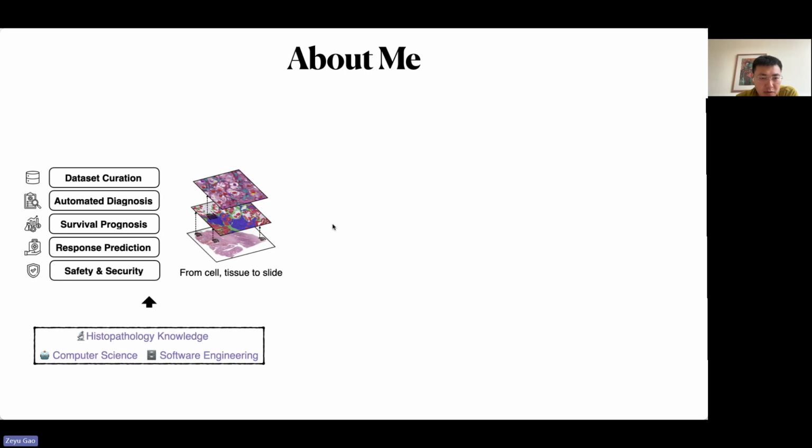My research interest is still pathology, at different levels from cell and tissue up to the slide level. The work areas are dataset creation, automated diagnosis, prognosis, response prediction, and also some side work on the safety and security of computational pathology.